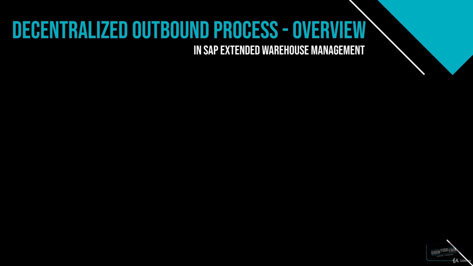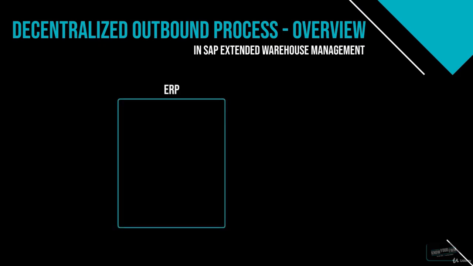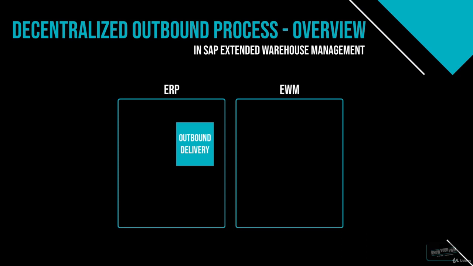The outbound process starts in the ERP or S4 ERP system with creating an outbound delivery. If there are items within the delivery that are related to the decentralized SAP EWM, the ERP or S4 system will transfer the delivery to the EWM system.